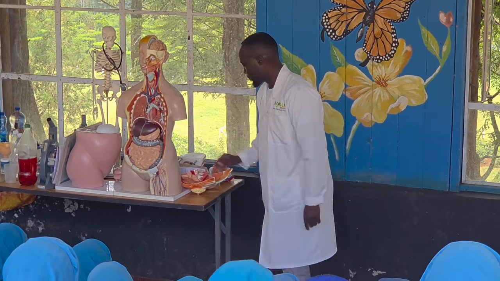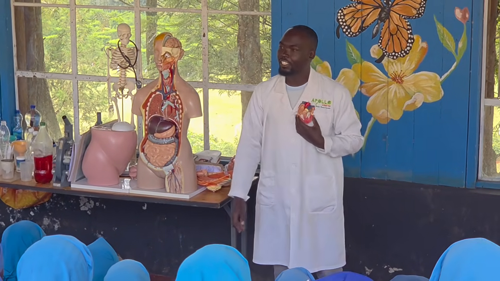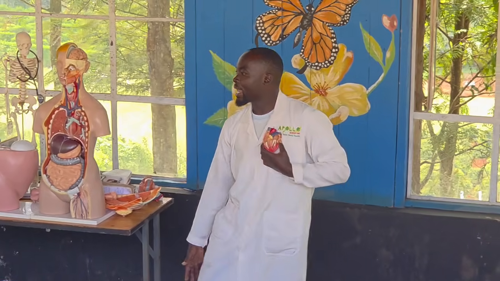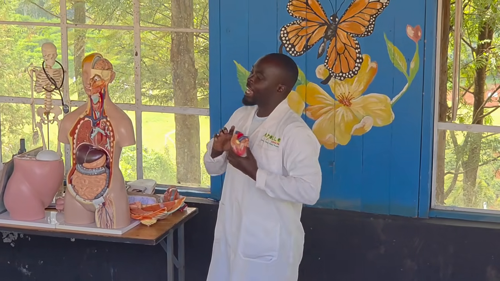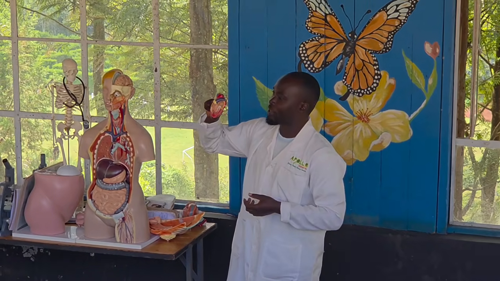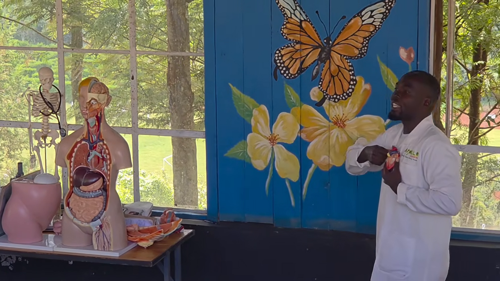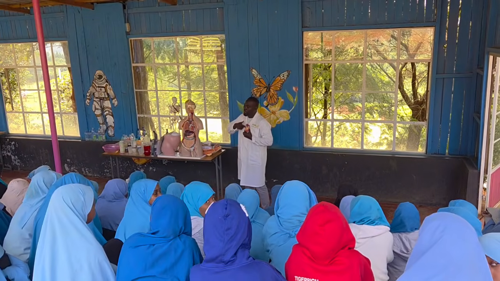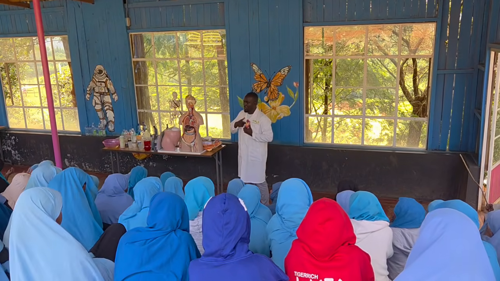Now let me explain. This is your heart. When an insect stings your heel, the blood will come from the leg and enter your heart through the vena cava. Then the blood will go to chamber 1, the right auricle.